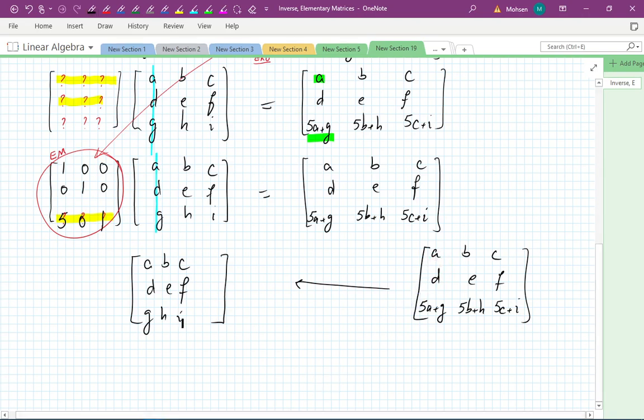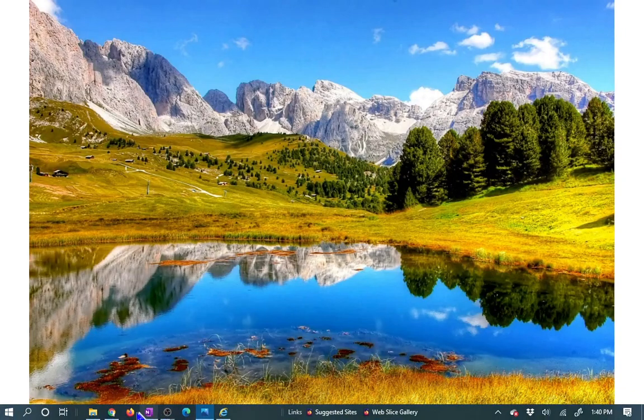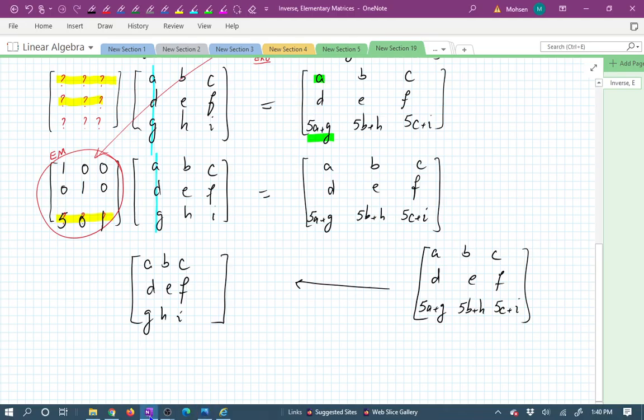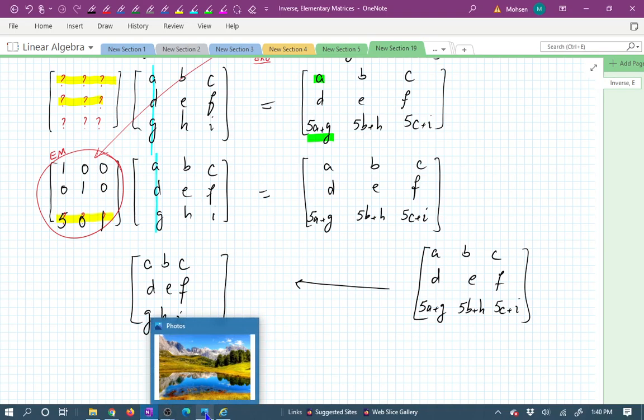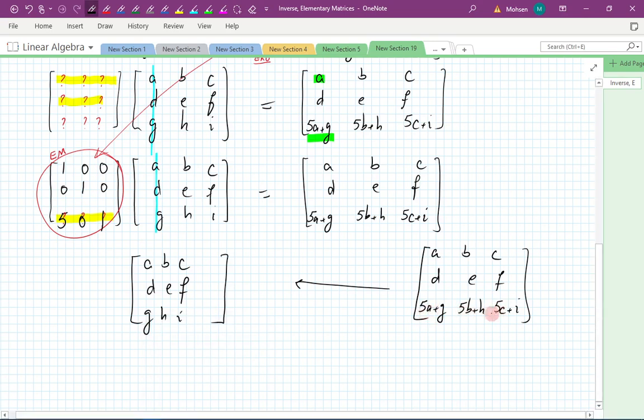Let me ask you to participate here. Here's my question: what do I do here to undo this 5a, 5b, 5c? Well, now I have to subtract, of course. Is that right? I will say multiply the first row by -5, add it to the last row, and your magic is going to happen.